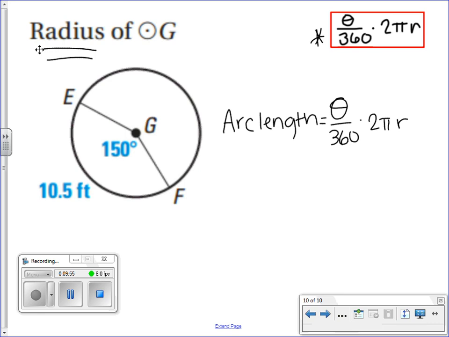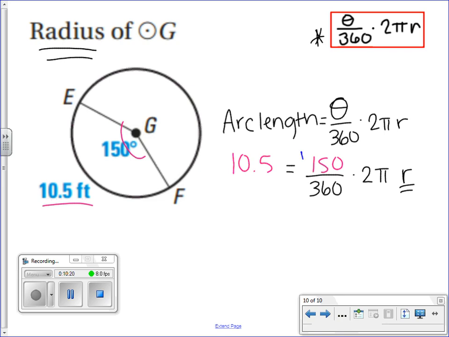If I look at my picture, my arc length is 10.5, which is equal to theta. Theta is 150 degrees. Divide that by 360 times 2 pi r. So I'm trying to figure out r.